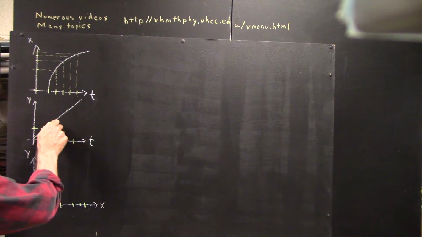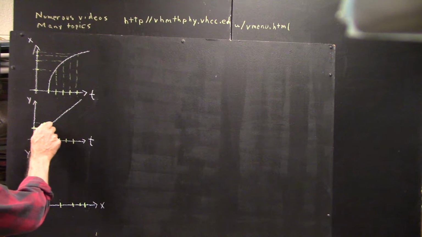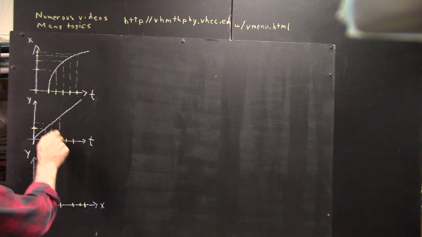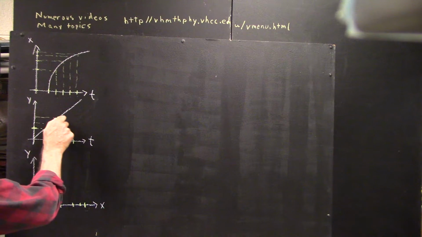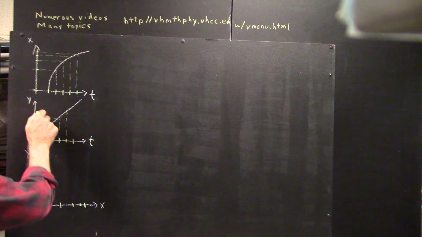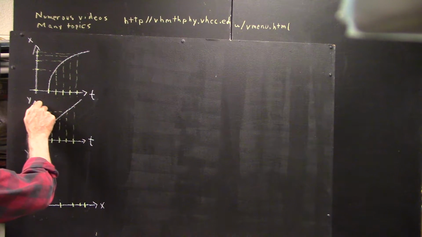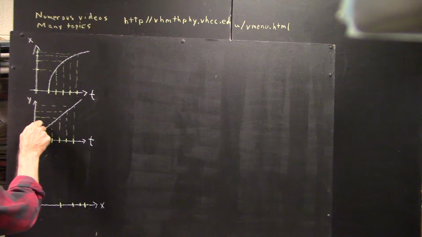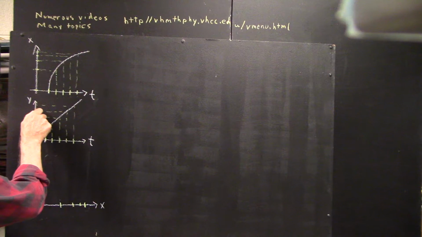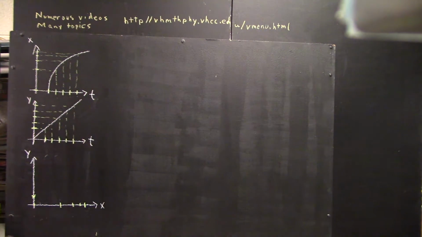So I don't really need to construct all these to see that my y values are going to be equally spaced, but just to be sure we do every step, there are my y values that correspond to these x values.